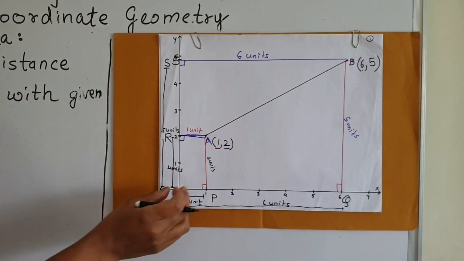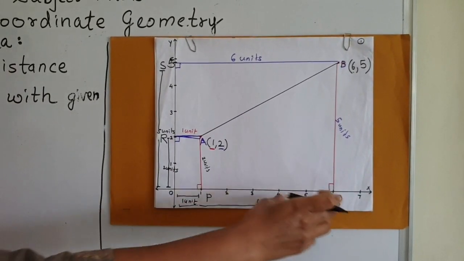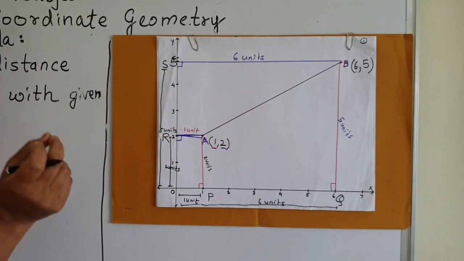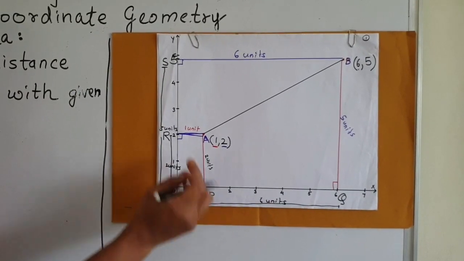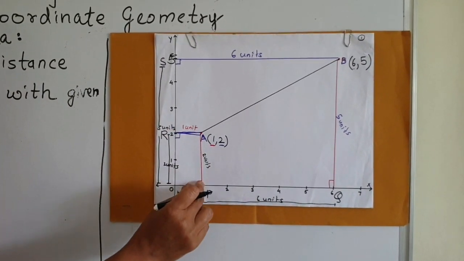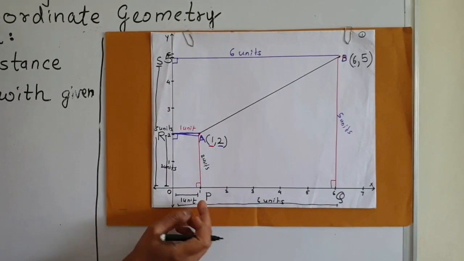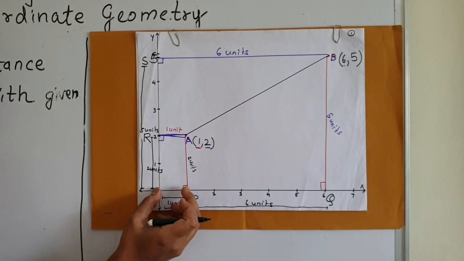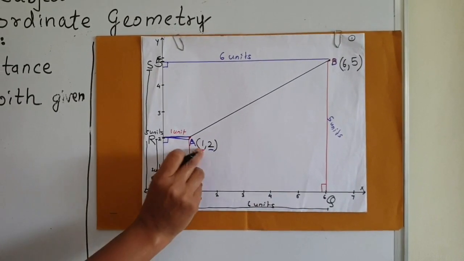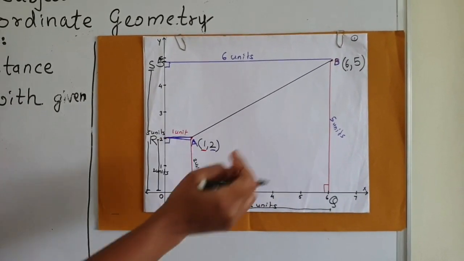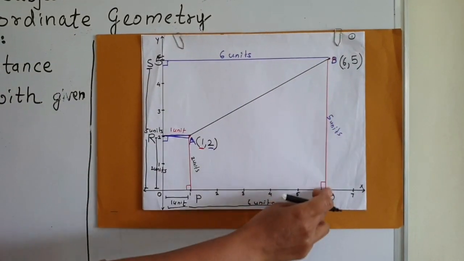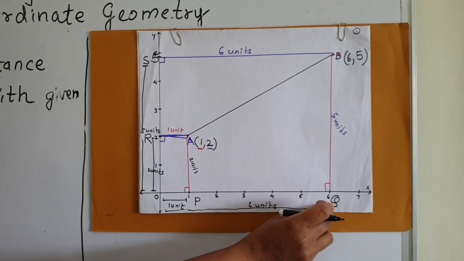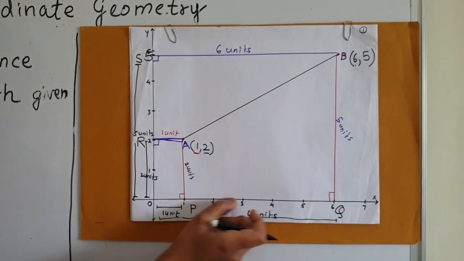So now you understood how we get the distance on axis, x-axis and y-axis from this point. So the distance on x-axis means when you drop a perpendicular on x-axis, it cuts here at point P. So that is the distance of point A from y-axis, and that is x coordinate. Similarly, when you drop a perpendicular on x-axis from point B, it cuts here at Q. So what is the distance from O to Q?